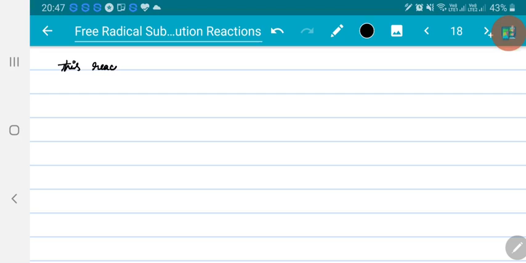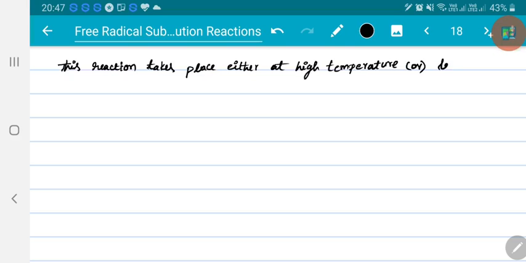These reactions occur either at high temperature or low concentration of halogens. When you take high concentration of halogens, then addition products will dominate over substitution, right? So when low concentration is taken, then allylic substitution is major.